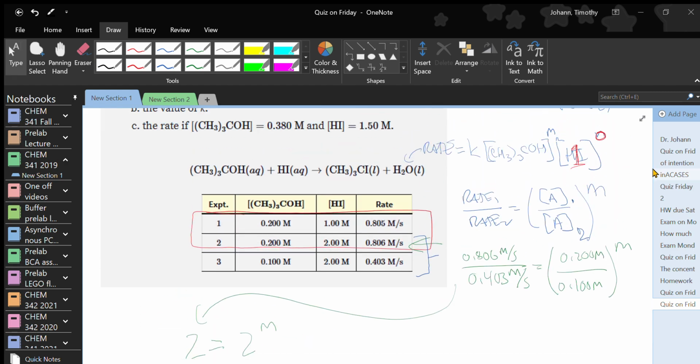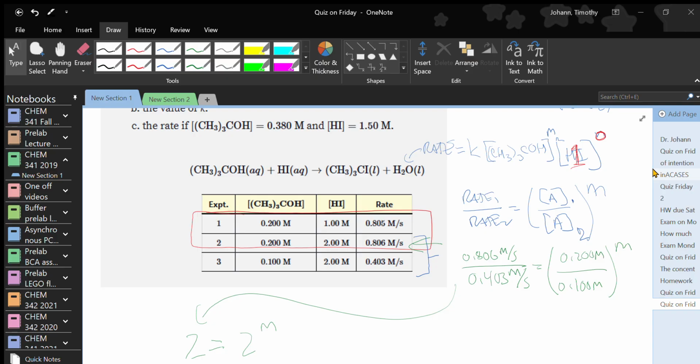We had two things going on, and so what we had to do is say that one's constant and these are varying, so I'm just going to look at these. This one doesn't matter. And then this one's constant and this is varying, so I can look at that to figure out the rate law.